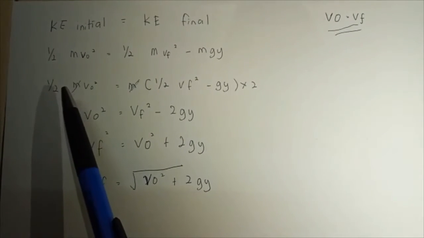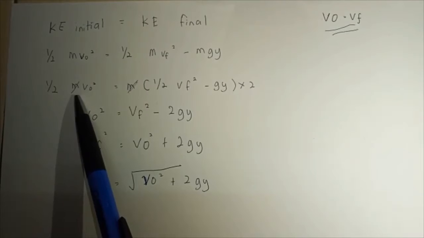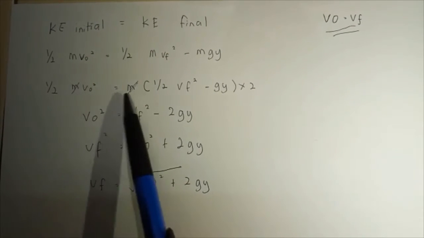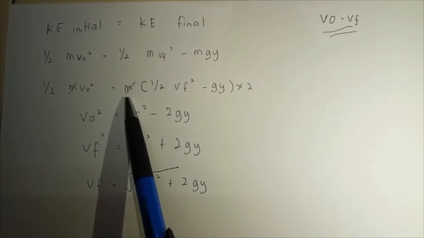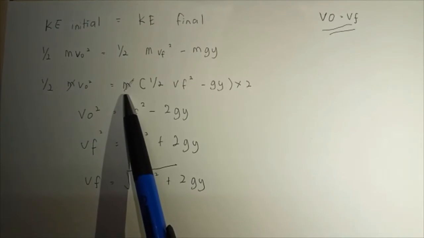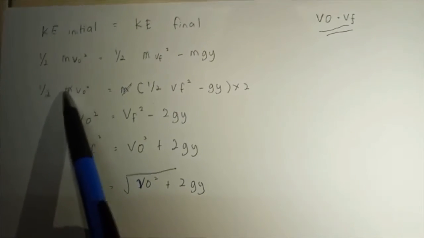Since the value of m on the left hand side is equal to m on the right hand side, we can cancel it out.